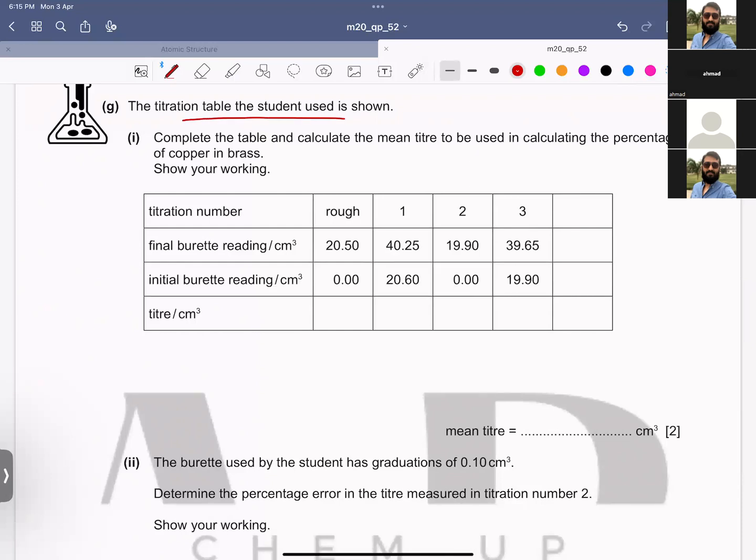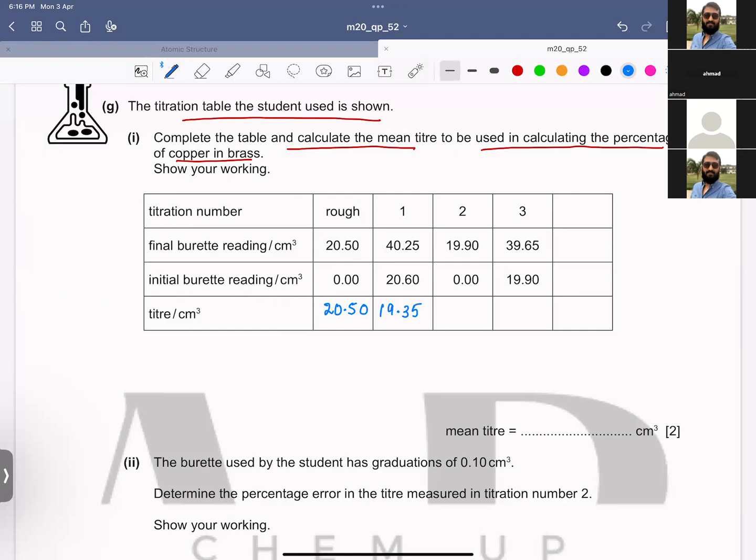The titration table the student used is shown. Complete the table and calculate the mean titer to be used in calculating the percentage of copper in brass. Okay. So here the titer would be 20.50. Can anybody tell me the difference? It is 19 point, if I'm not wrong. 19.35.